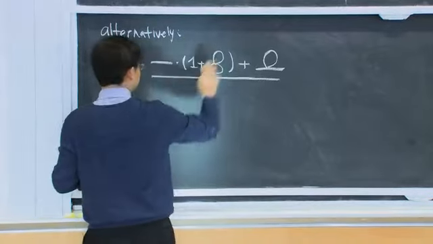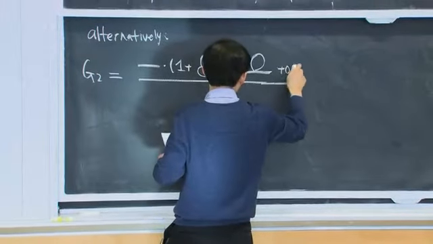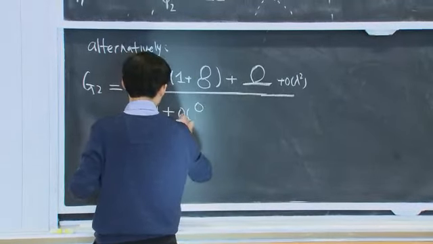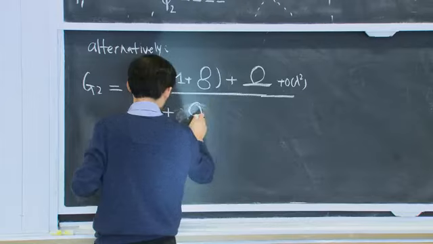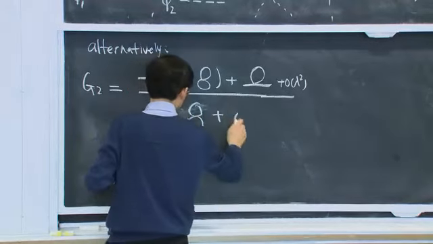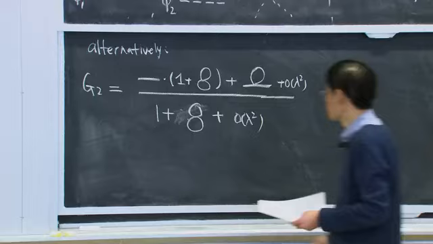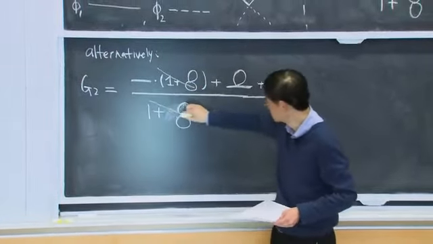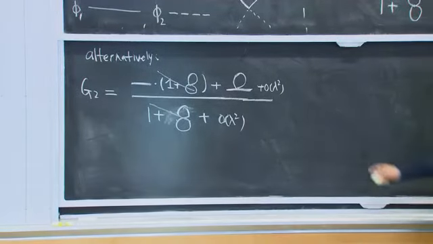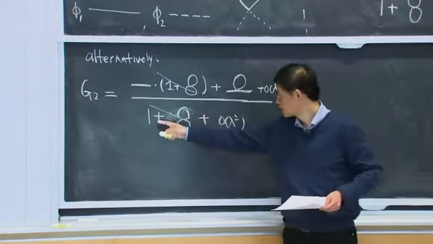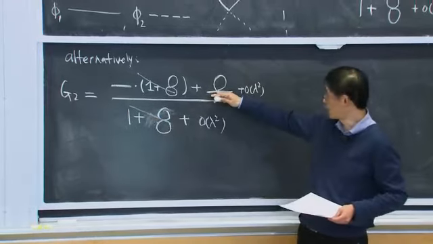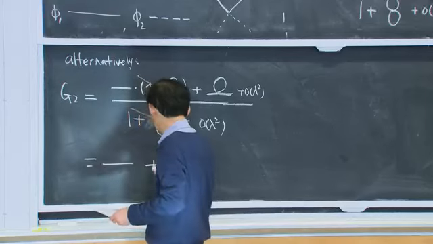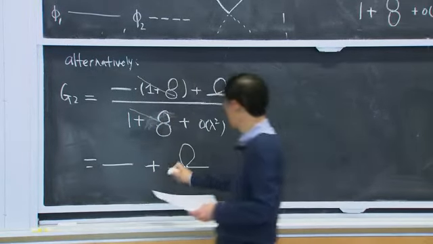And downstairs, I just have one plus this. Now you can directly see that these two can be cancelled. You don't have to worry about this one because when this multiplies that, you get higher orders. And so now you directly get this from here.